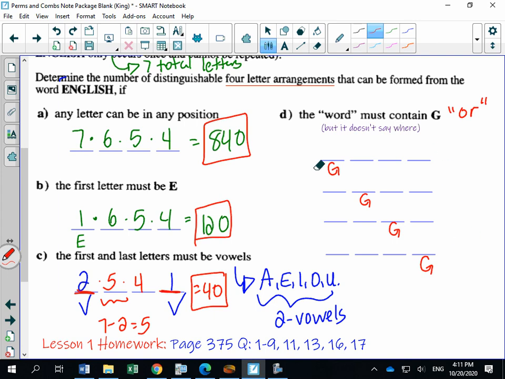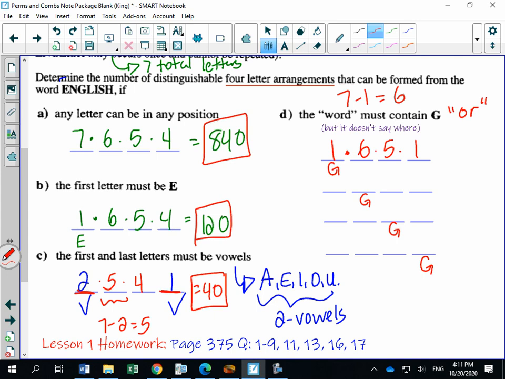So let's figure this out. If the first out of my 4 letters, if I start with a G. So in the word English, there's only 1 G. So I'd only have 1 choice there. Remember that I had 7 possible letters to choose from. If I use up 1 letter, I have 6 possible letters to go there, 5 letters to go there, and 4 letters to go there.